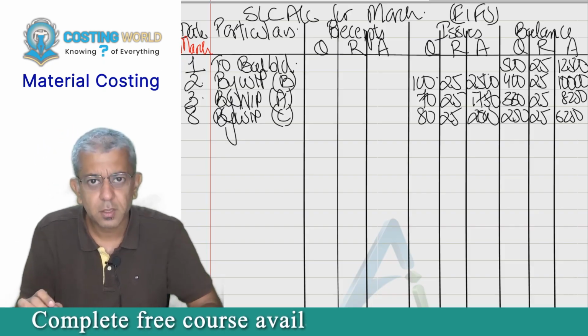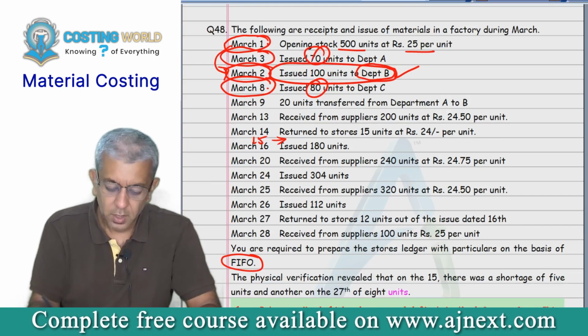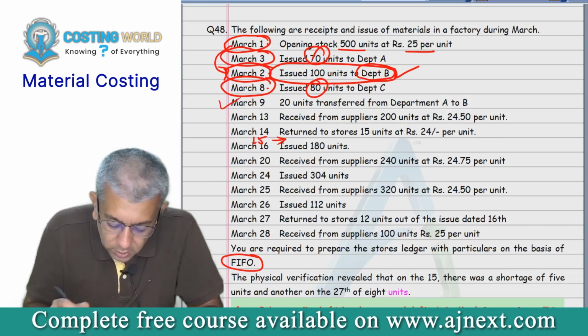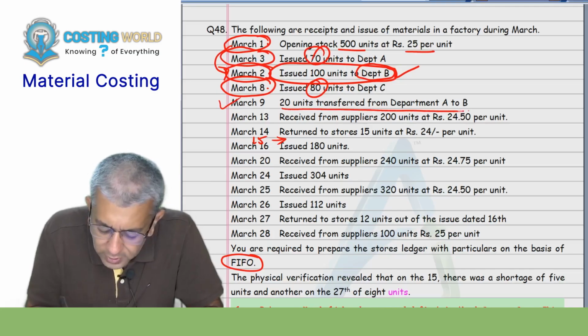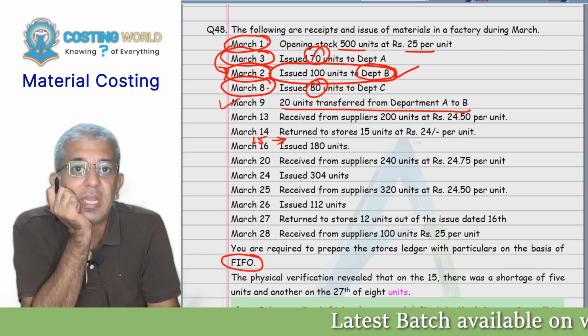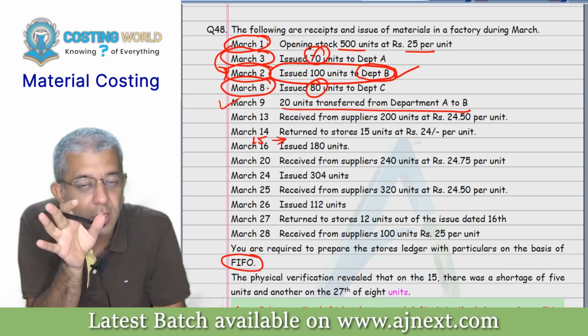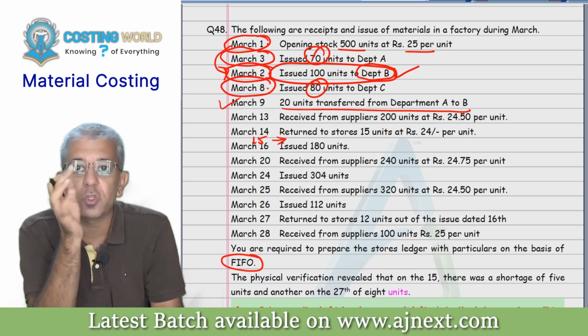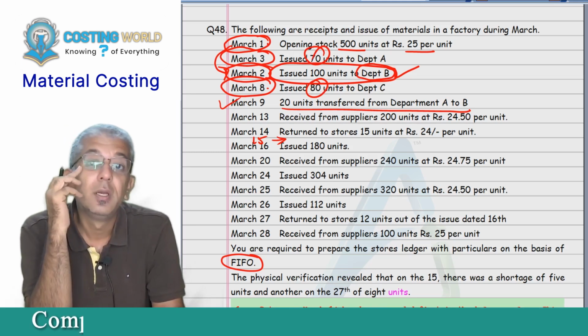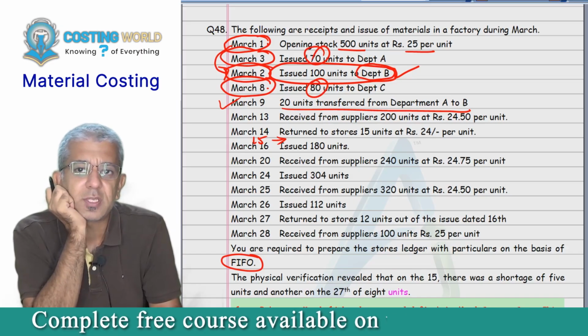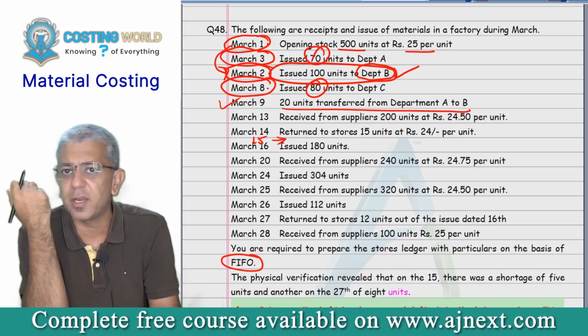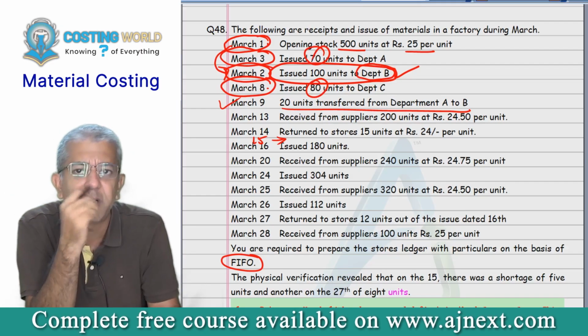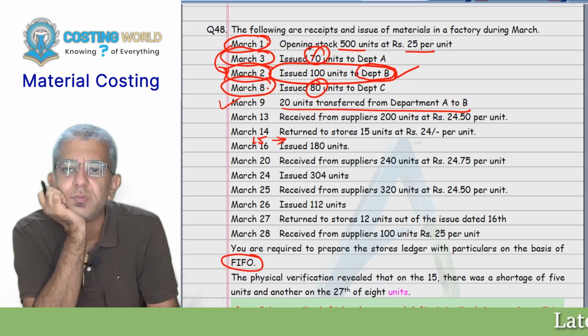This is okay, right? Further, March 9th, 20 units transferred from department A to department B. In the original question it was not there, but I have put it. Tell me, in this case, 20 units are transferred from department A to B. Yesterday I did not even teach you this particular entry, but if I ask you now, what will be the entry of this?